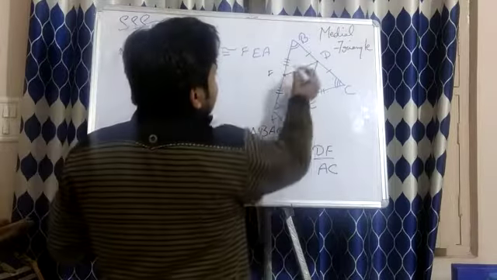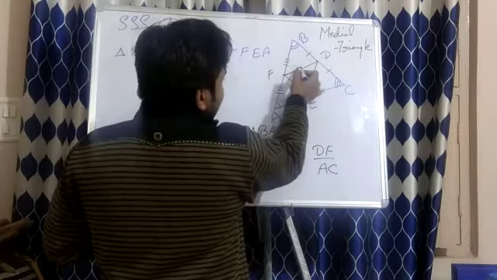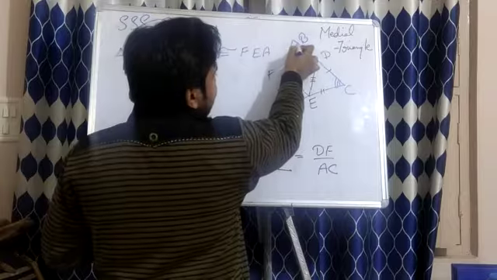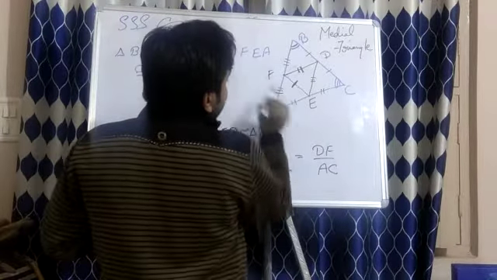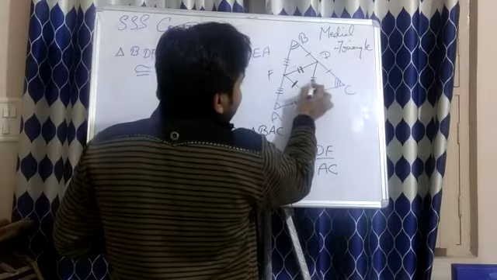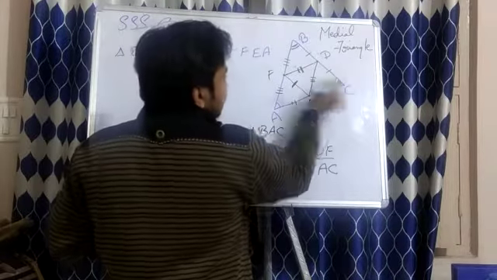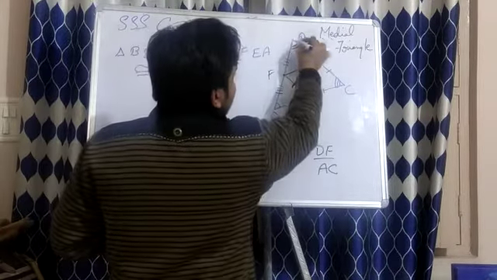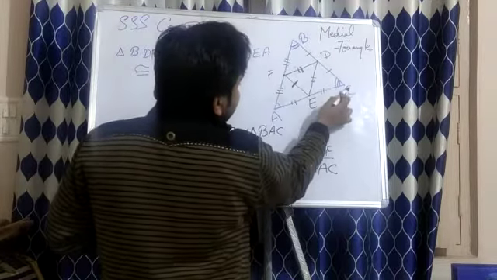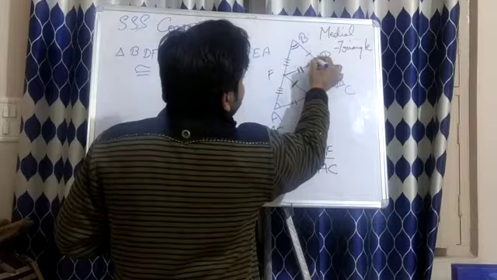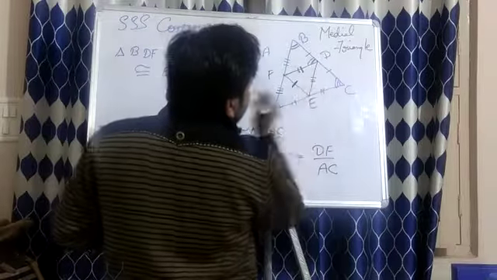Now, since the angle B is opposite to the double mark side, and this angle C is opposite to the 3 mark side, therefore angle BDF will be equal to angle BCA. This angle will be equal to this angle.